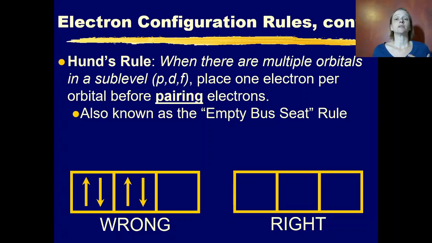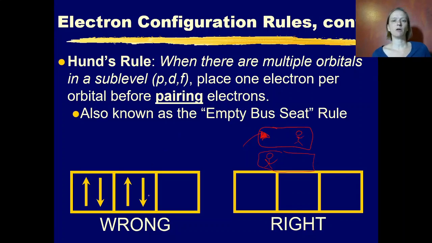This rule is also called the empty bus seat rule, because if you think about choosing seats on a bus, if there are these two-seater seats and there's some random person sitting here that you don't know, you are probably going to choose a totally different seat before you choose this seat. You'll only choose this seat next to a random stranger as a last resort. You'll go choose your own seat first before you sit next to somebody you don't know. And electrons do the same thing.